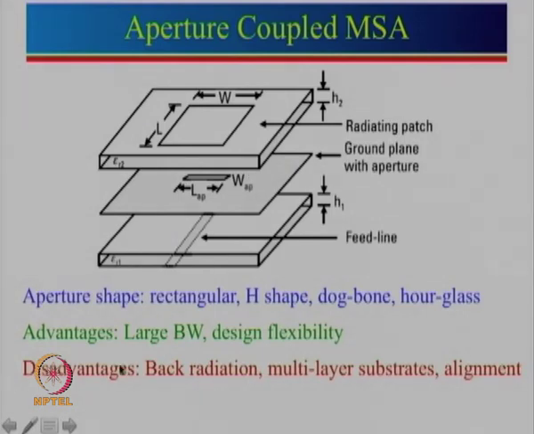So, here slot dimensions play a very, very important role, not only the dimension, but its shape also. In the earlier stages, people had used circular slot here, they also use rectangular slot, and then there were cases where by changing the width of the slot, you can actually change the coupling.